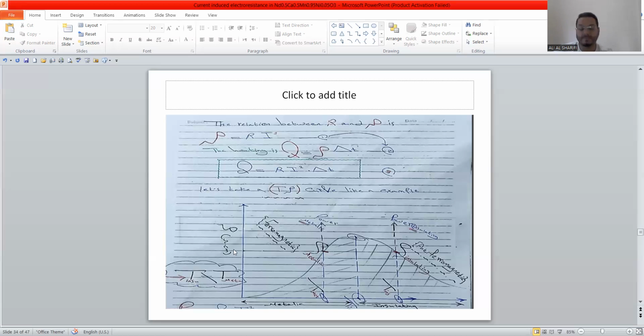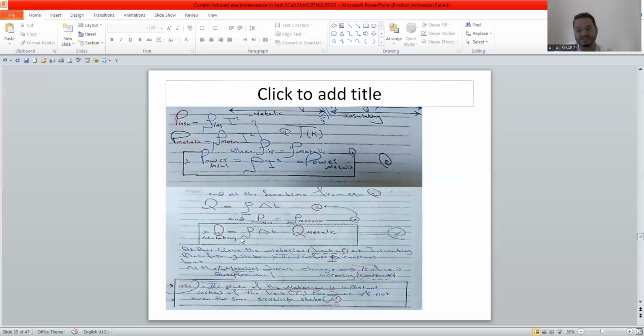Now let's calculate the power and prove another interesting thing. The power at the isolating state equals the resistance at isolating times current squared. The same with the power at metallic, the ferromagnetic state, equals the resistance at metallic times current squared. When resistance 1 equals resistance 2, that means the power at isolating equals the power at metallic.